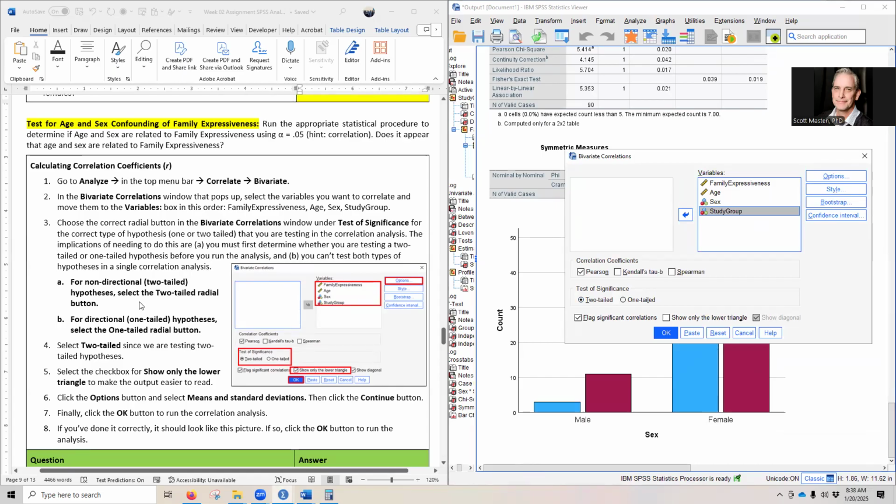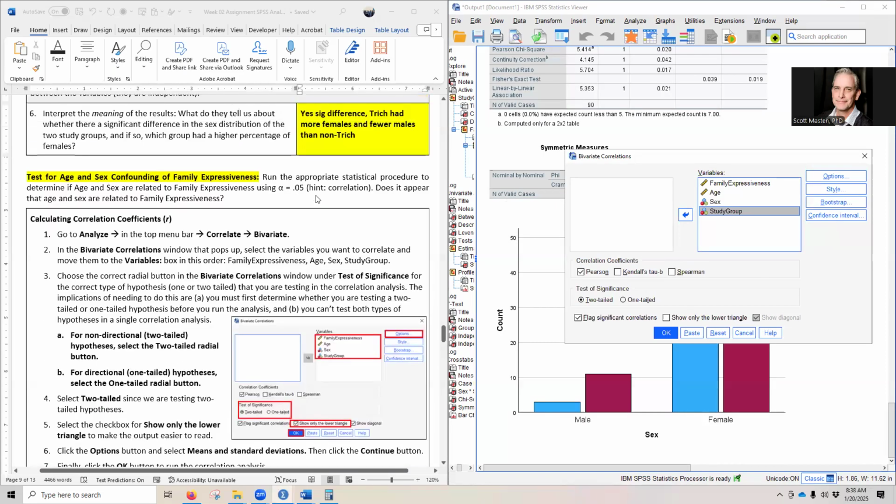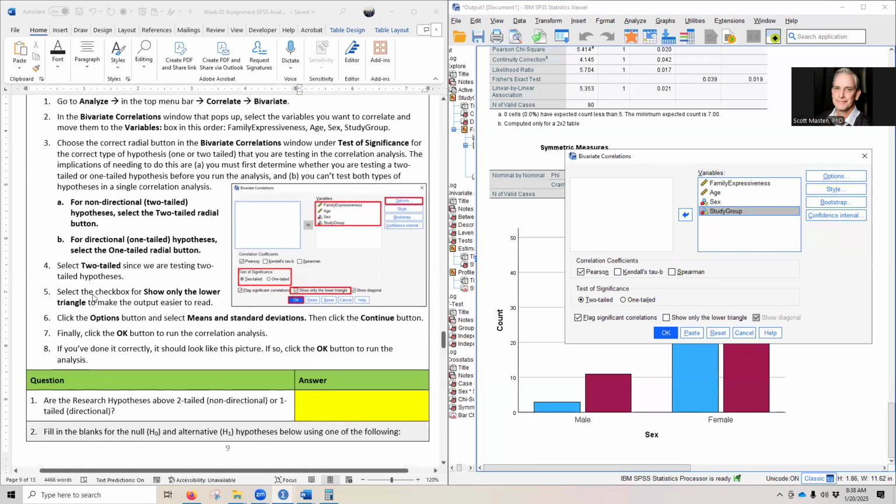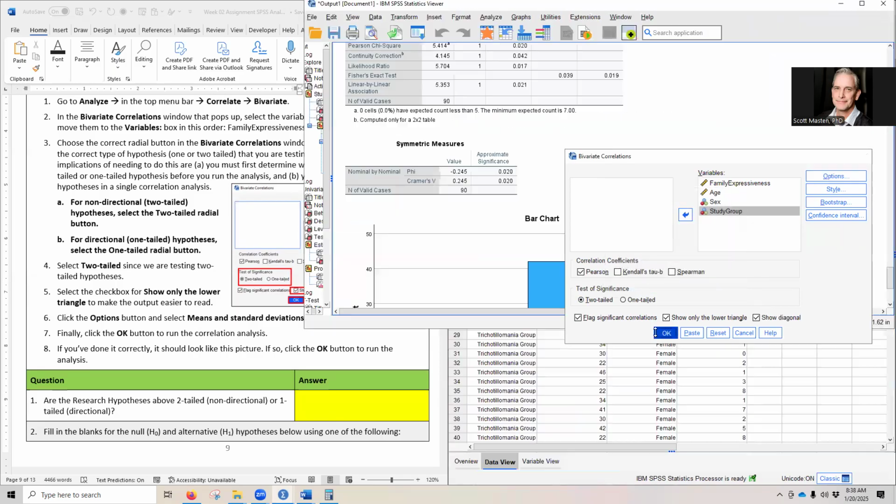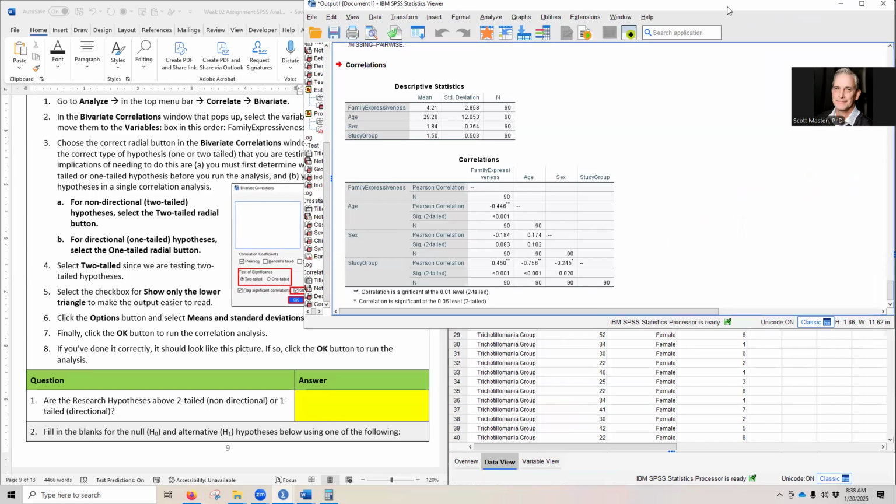It's two-tailed hypotheses. We're just checking to see, does it appear that age and sex are related? That's two-tailed. Show only the lower triangle just to make it easier to read this stuff. And under options, select means and standard deviations. Finally, click OK to run a bunch of correlations.